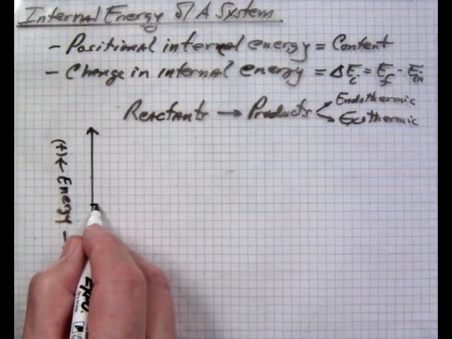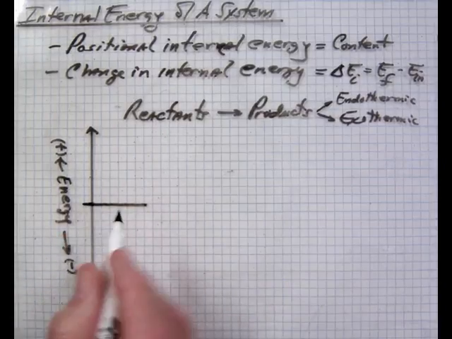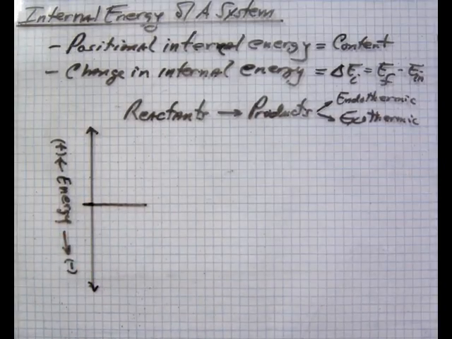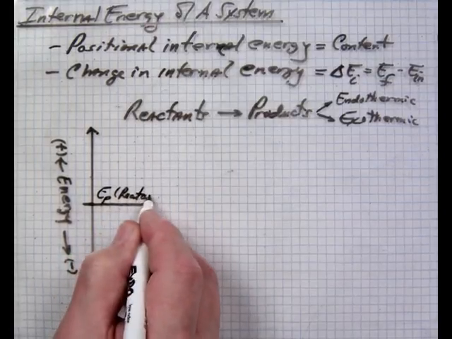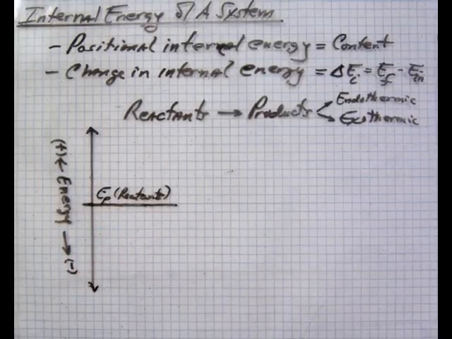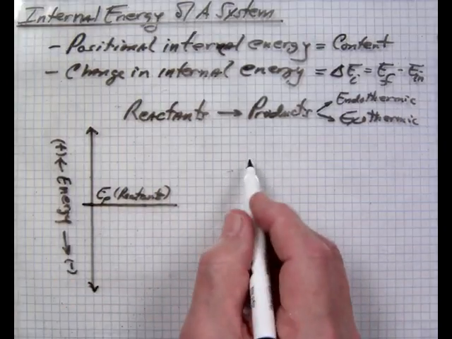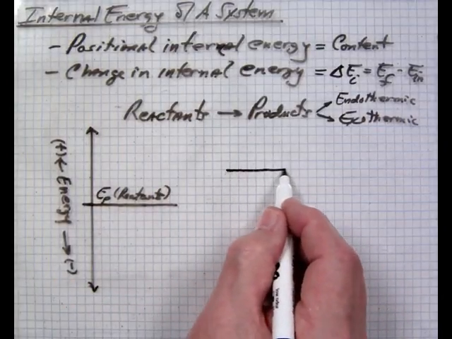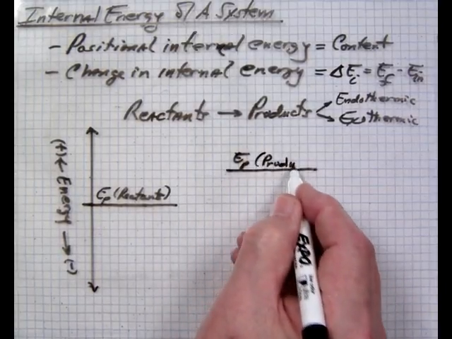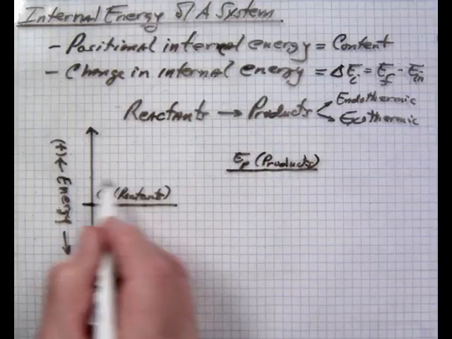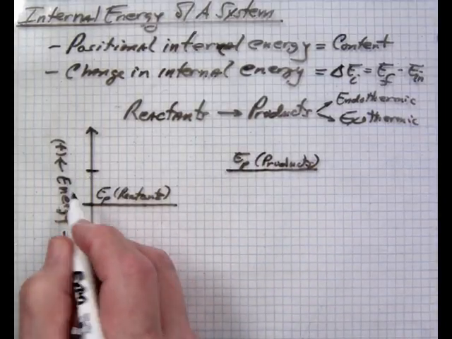Let's say we just choose this line right here and this position as the positional energy of the reactants, EP reactants. The reaction takes place, and at the end of the reaction, we find the products up here. Positional energy of the products. And this would be, of course, the E final, and this would be the E initial.